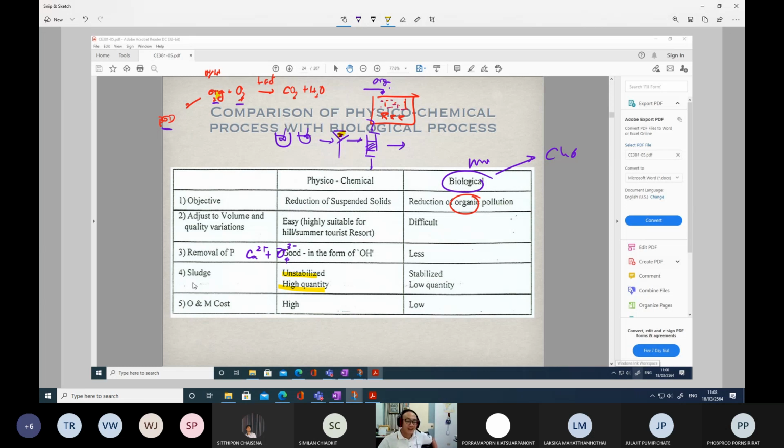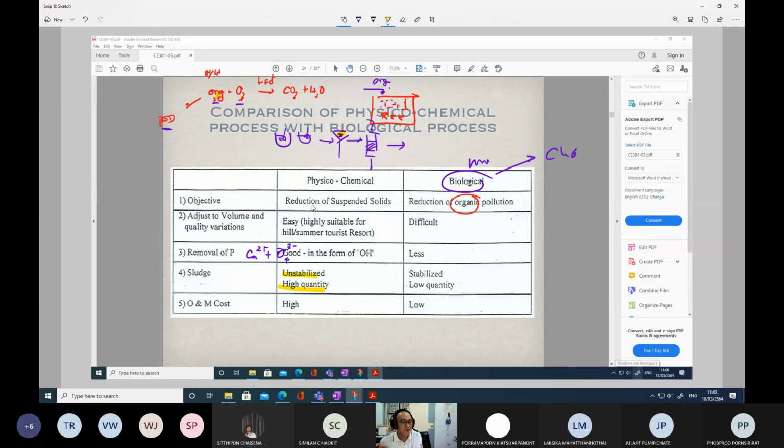For the operations and maintenance cost, the biological process is very cheap. You don't need to add any extra chemicals except just providing oxygen. But for the physical chemical process, we really need the chemicals. We need to add the chemicals. The amount of chemical added, we have to add it continuously. A large amount of chemical, we have to add it in daily production.